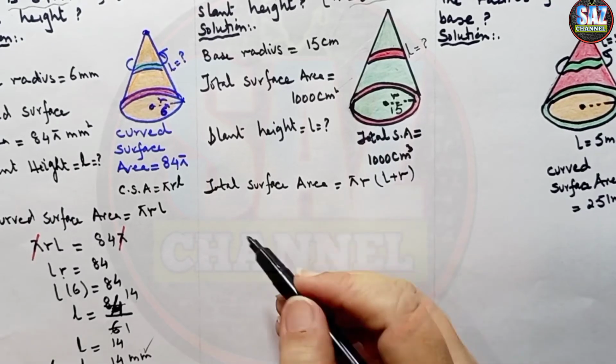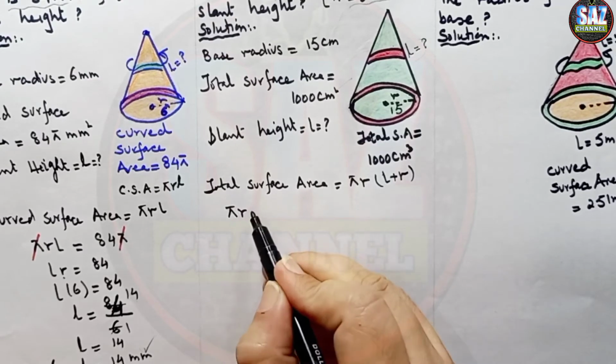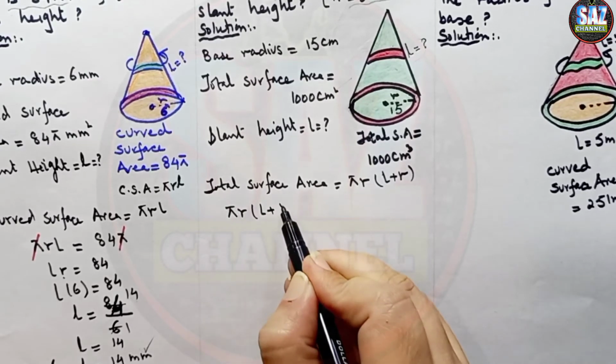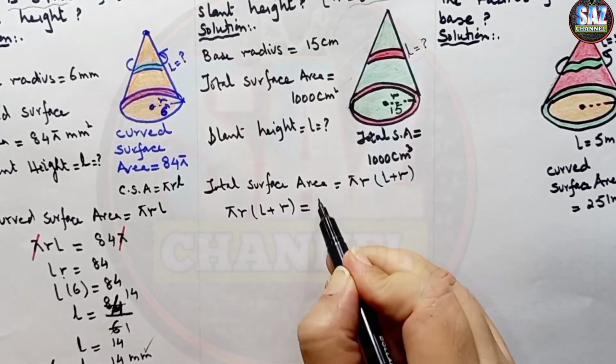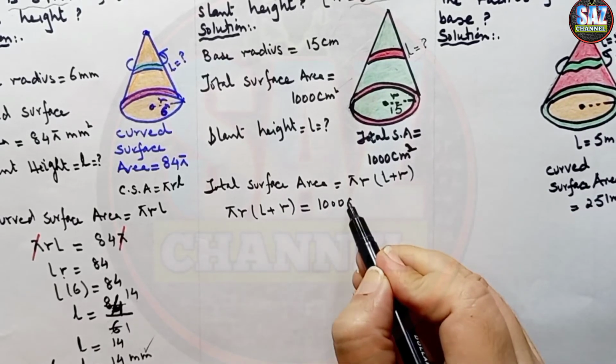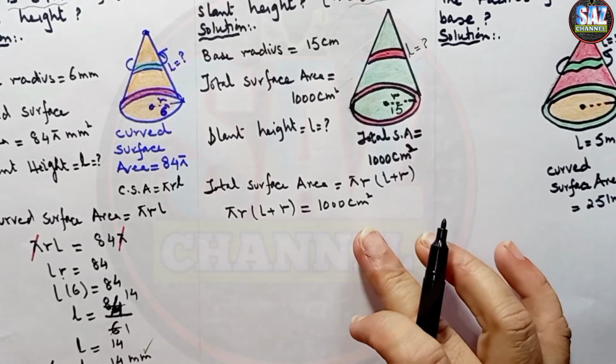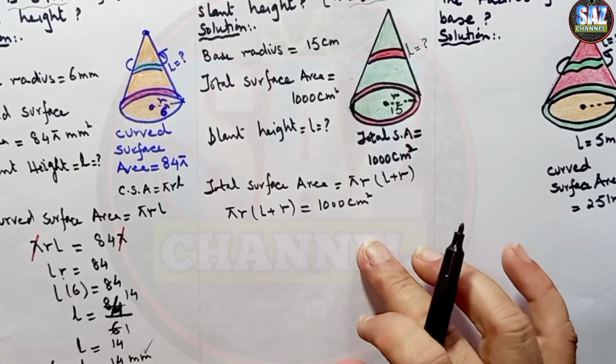Now we have to equate this formula to 1000. Why are we doing so? Because 1000 is the answer for the total surface area. This is the value given in the question.